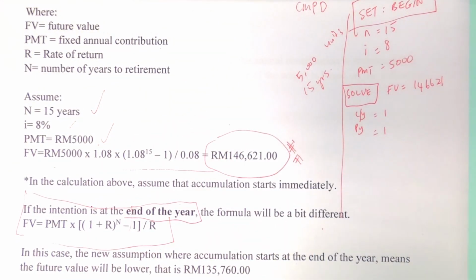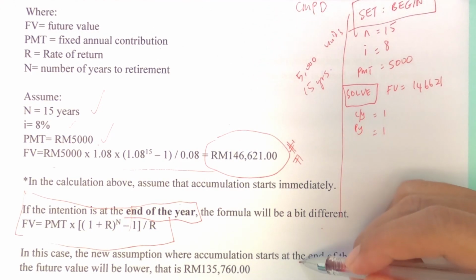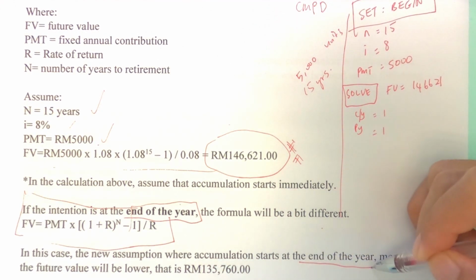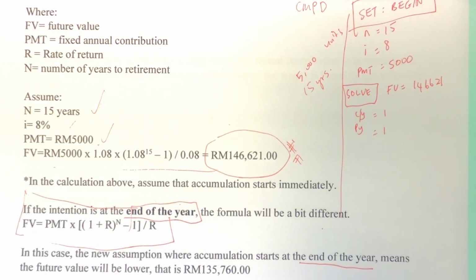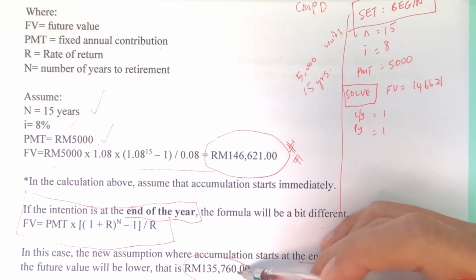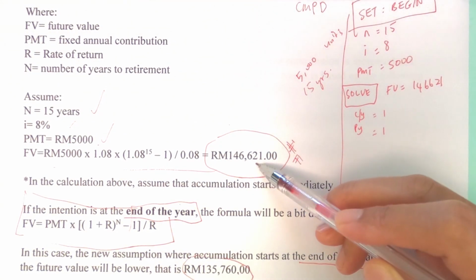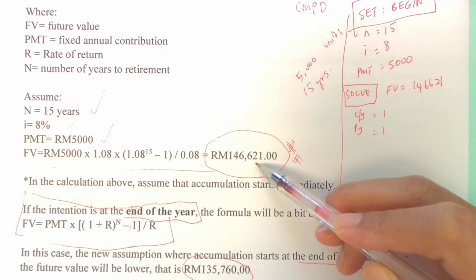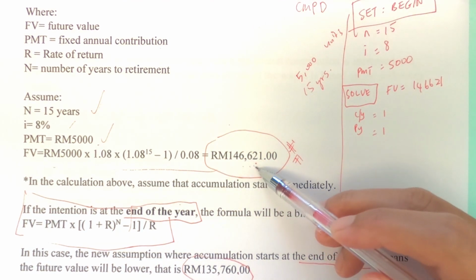By taking the assumption that the accumulation starts at the end of the year, the value will be lower, that is 135,760, which is lower than the first one that we assumed immediately or at the beginning of the year, that is 146,621.